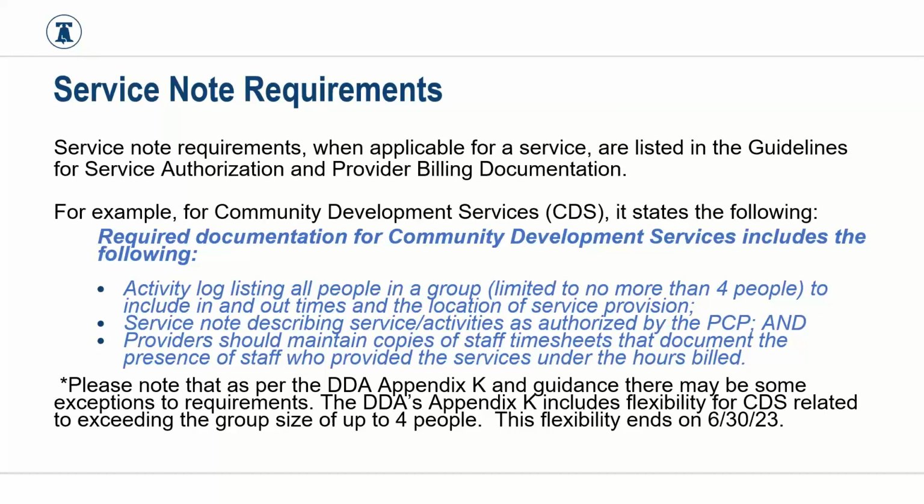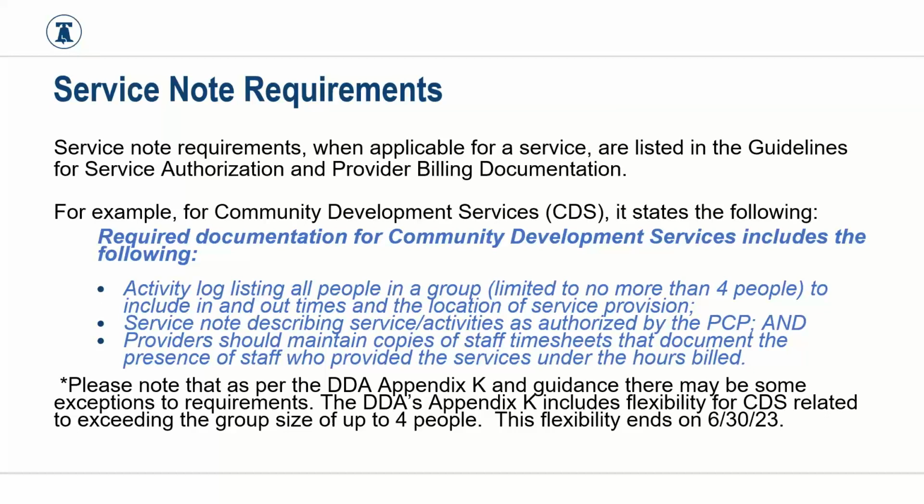And providers should maintain copies of staff timesheets that document the presence of staff who provided the service under the hours billed. Please note that as per the DDA's Appendix K and guidance, there may be some exceptions to the requirements that are noted in our guidelines for service authorization and provider billing documentation guidance.